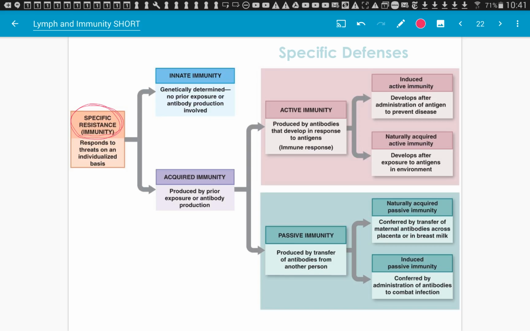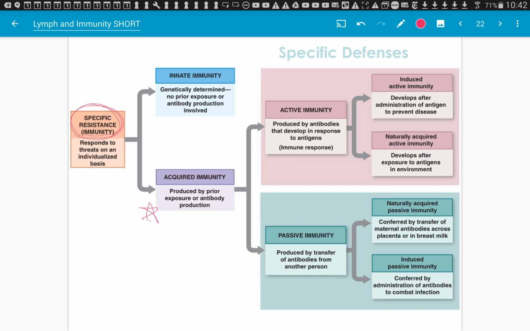Okay, never exposed to the disease, but you're still able to have immunity for it. Then secondly is acquired immunity, and most types of immunity are acquired. Okay, this means you got immunity from getting sick, someone gave you the antibodies, or you got a vaccination, so you've acquired this immunity in some way.